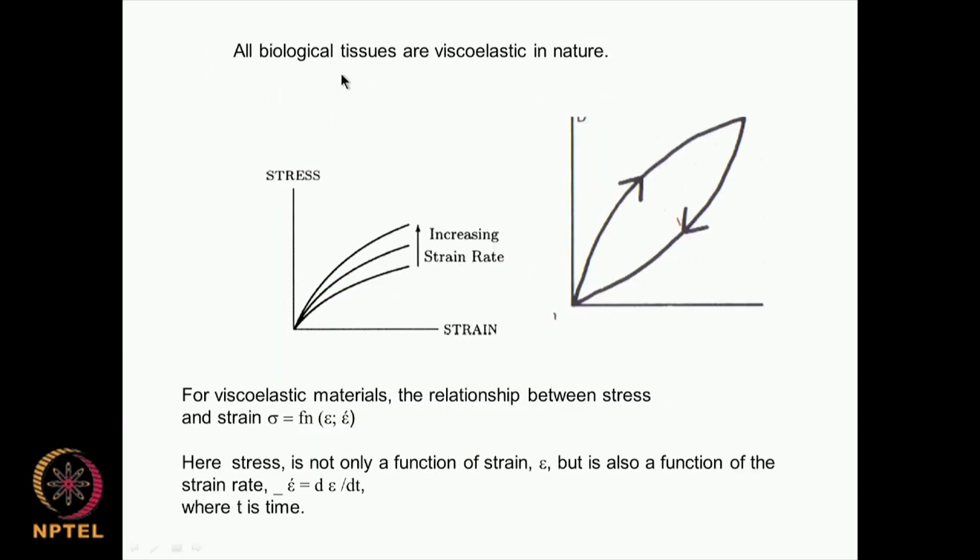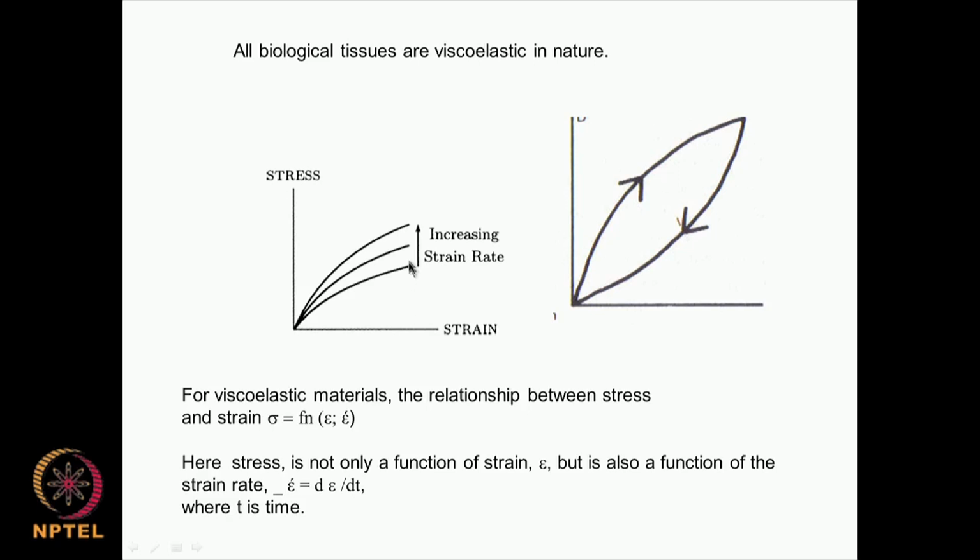So, all biological tissues are viscoelastic in nature. If you have the stress versus strain graph here, with time these strain rates will start behaving in a different way.